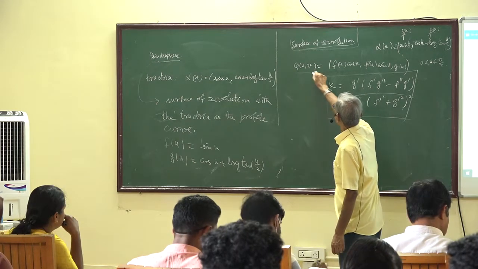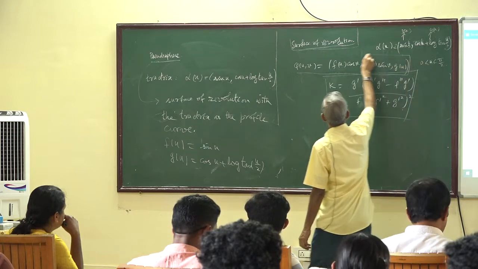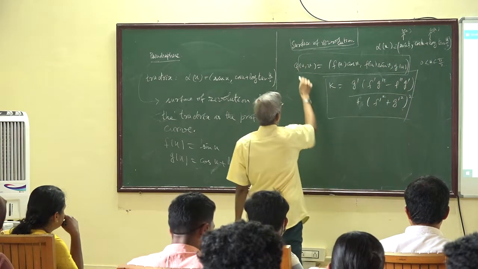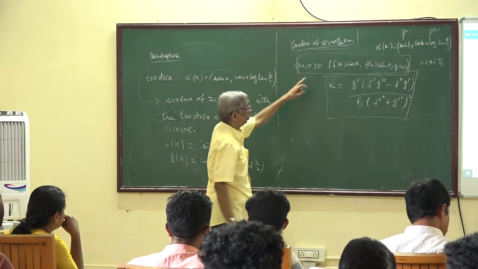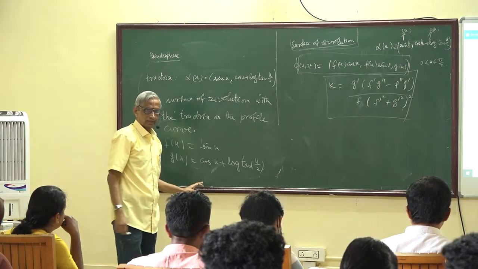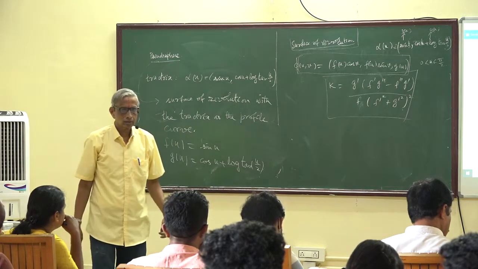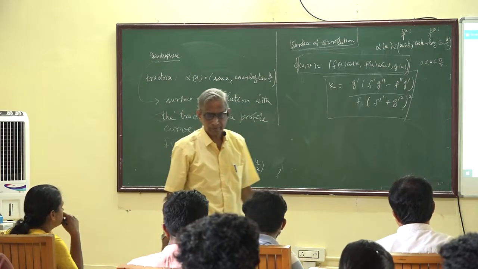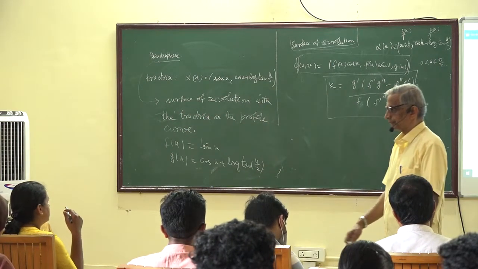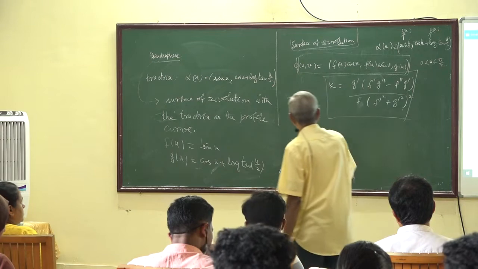So the parametric representation for the pseudosphere is given by this, where F(u) and G(u) are given like this. So you calculate the derivatives of these two functions and see what this is.